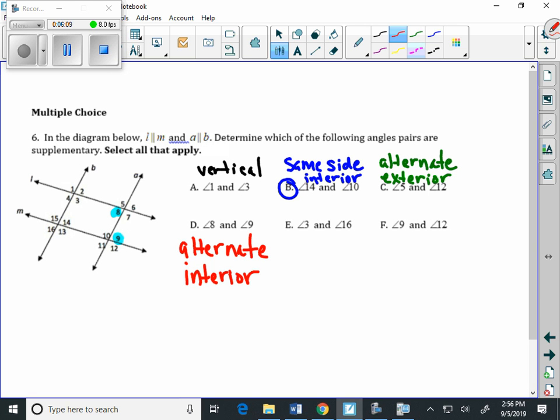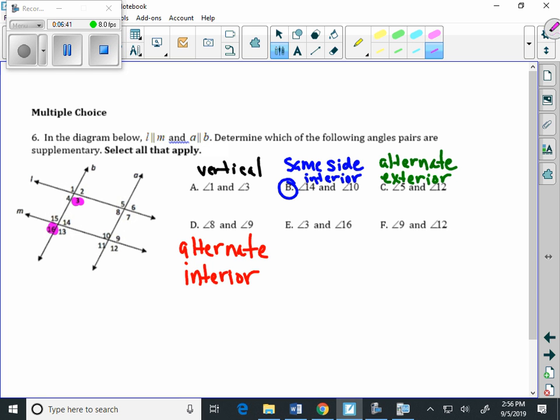Letter E. Angle 3 and angle 16. We have to actually stop and think about these for a moment, because I don't know that there's a name for angle 3 and angle 16.